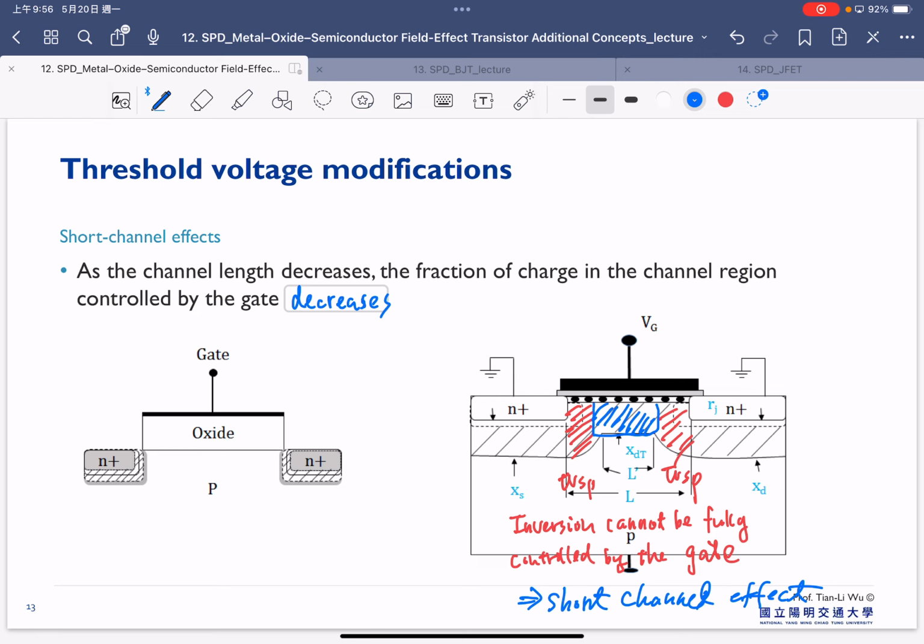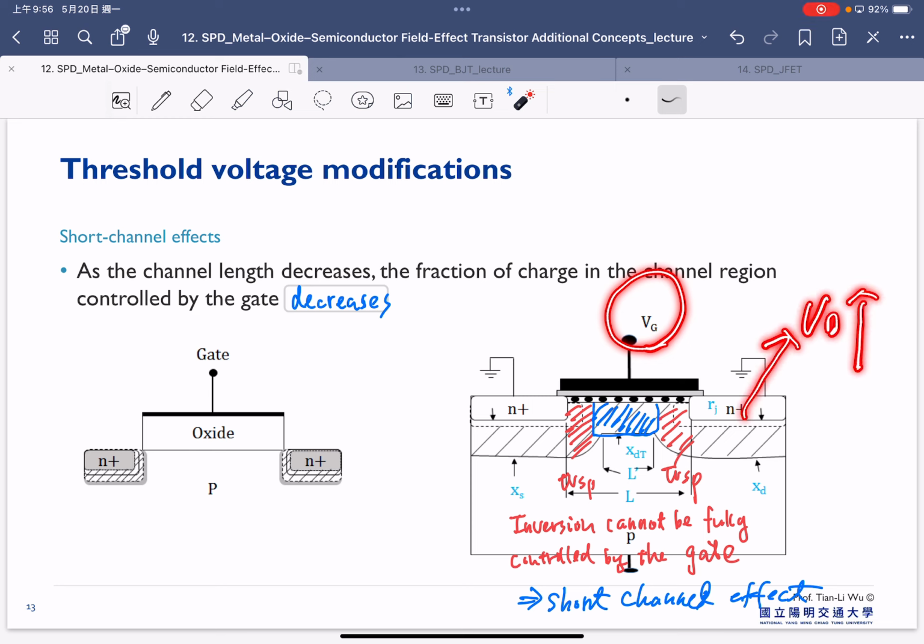One of the issues for the short channel effect is that you have to realize that we not only apply the gate voltage, but also apply the drain voltage here. Once we increase the drain voltage, you can expect this depletion width will further extend.